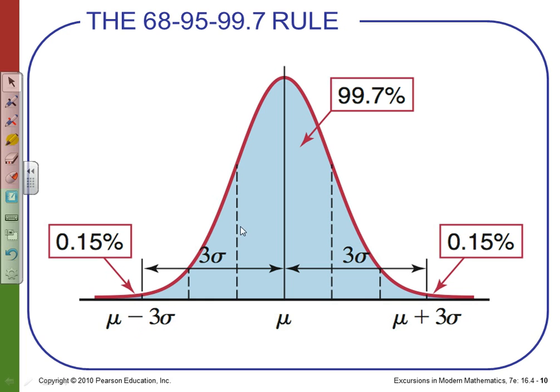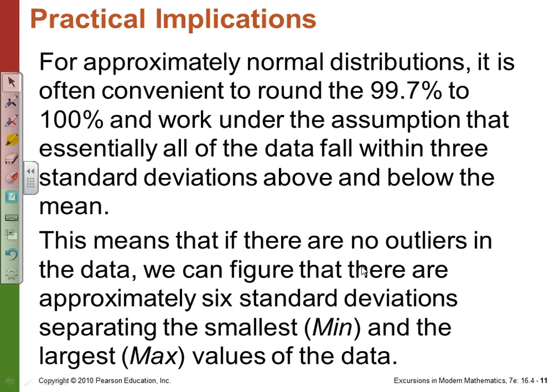So if we grade on a bell curve, we'd expect the guys between plus or minus one standard deviation to get a C. For practical purposes, we round 99.7 up to 100, and there are no outliers in the data.